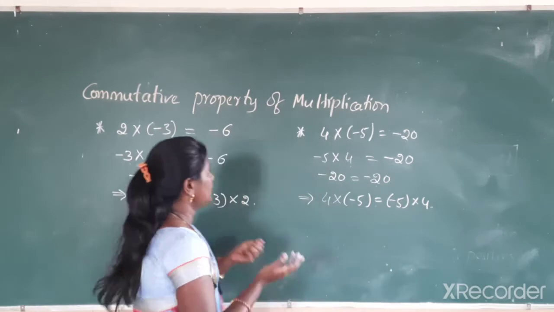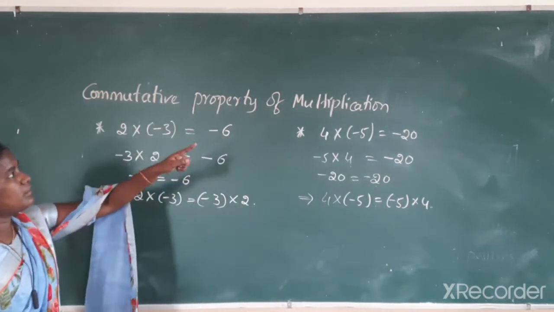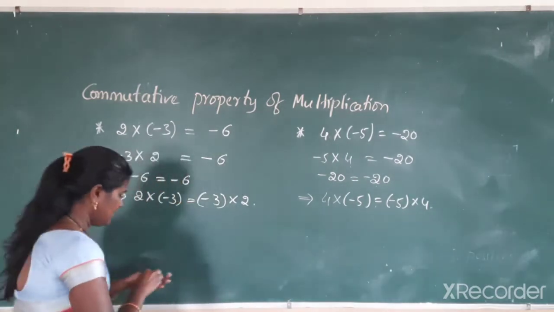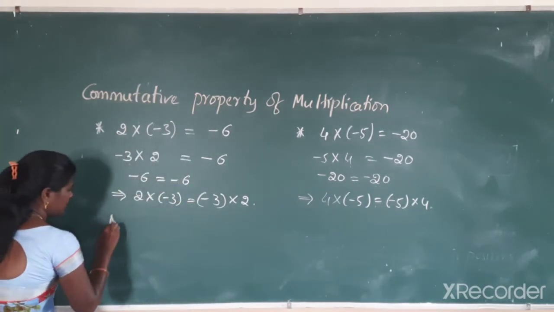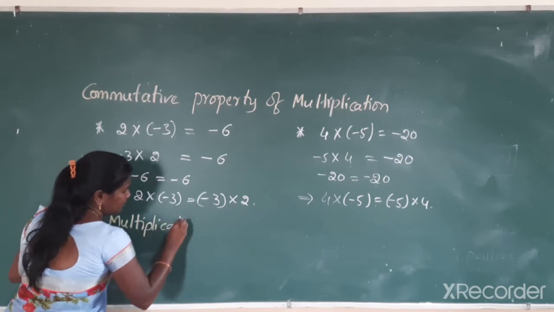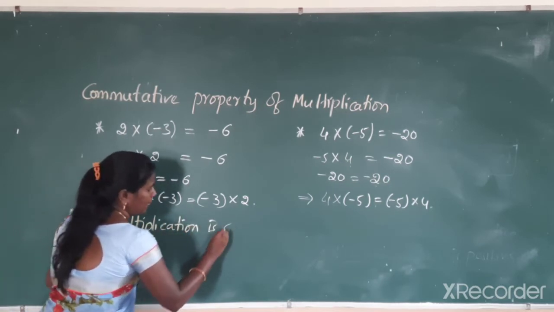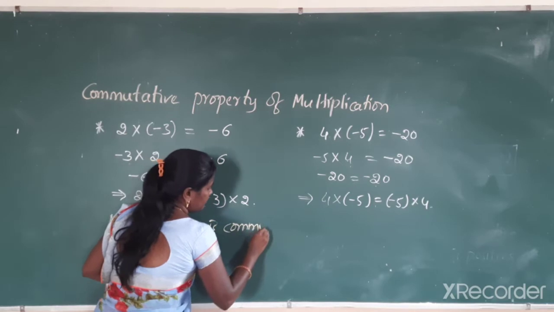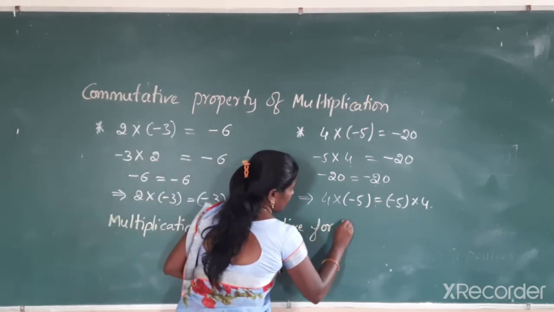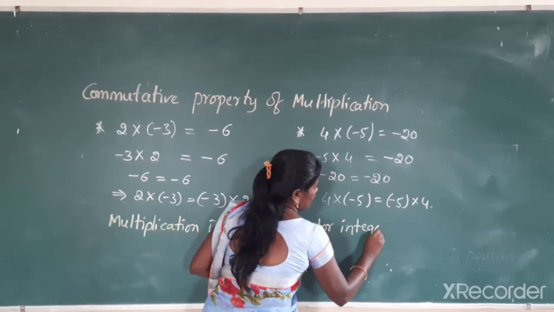So we conclude that multiplication is commutative for integers. Let me write: multiplication is commutative for integers.